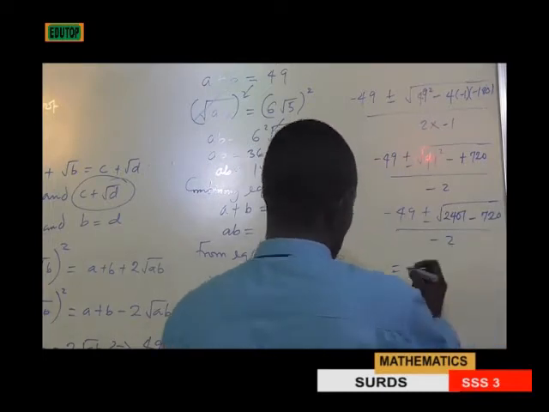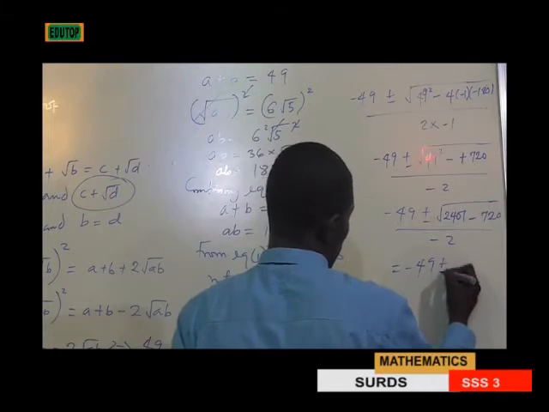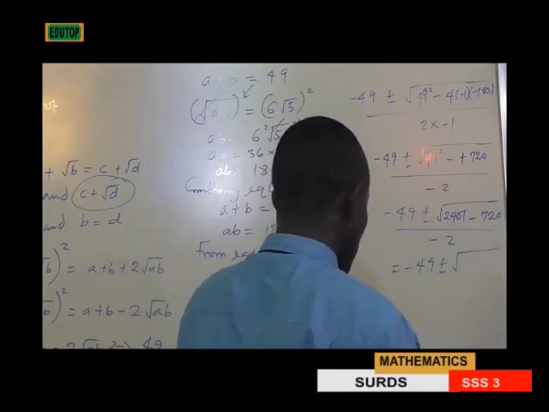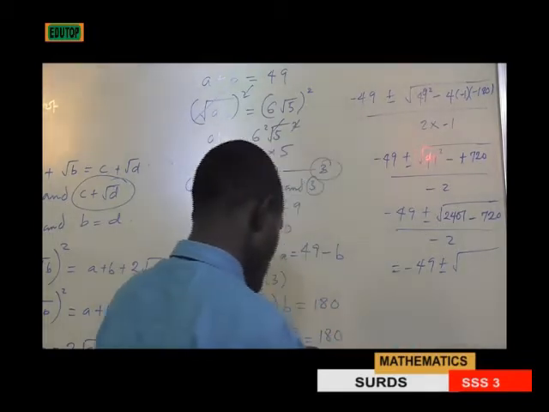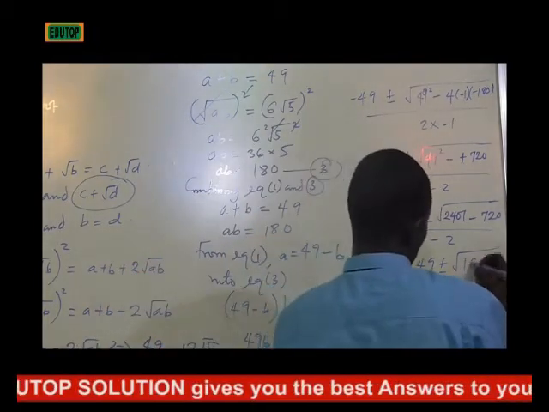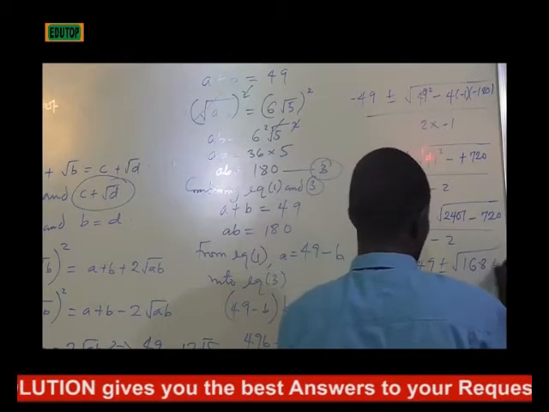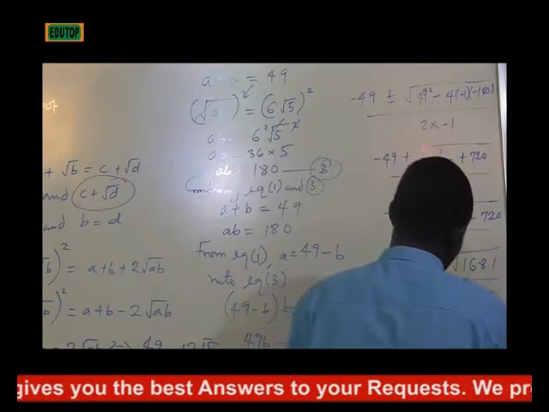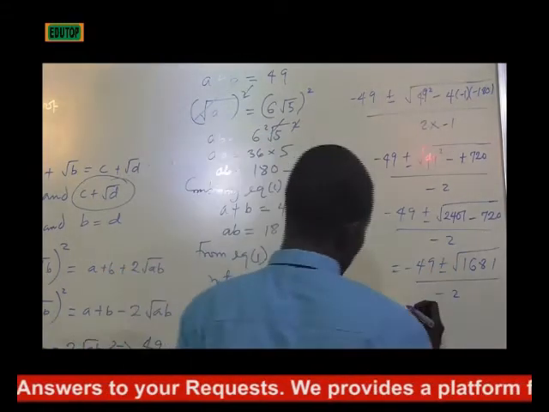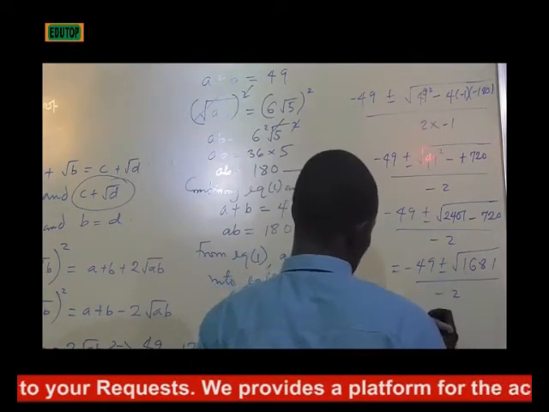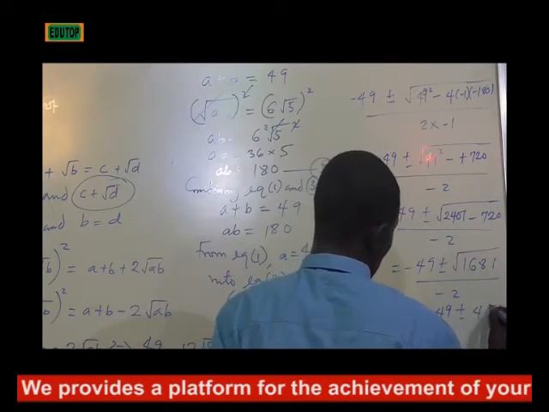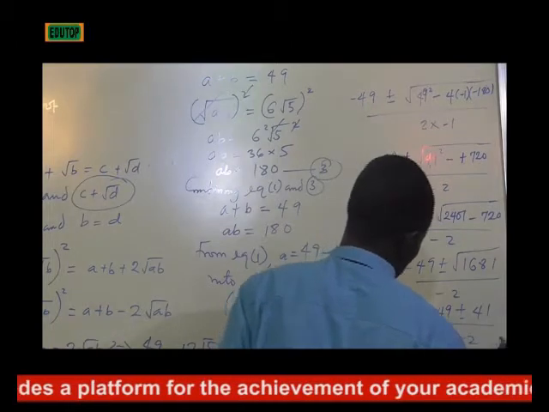Then this will give me minus 49 plus or minus square root of, that will be 2401 minus 720. Then I'll have 1681 over minus 2. And the square root of 1681 will definitely give us 41. So I have minus 49 plus or minus 41 over minus 2.